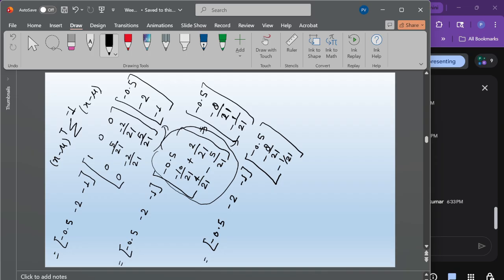If you further multiply, you will get minus 0.5 whole square, here minus minus will be plus, so 16 by 21, and again plus 1 by 21. So now 0.25 plus 17 by 21. If you further divide it and add it, you will get 1.0595.